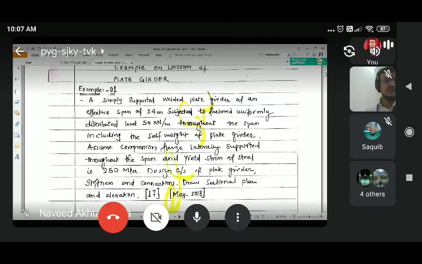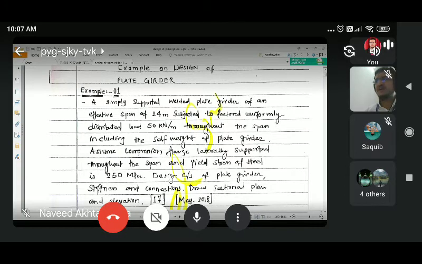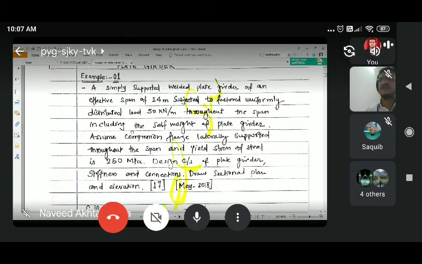Write this example on your screen. A simply supported welded plate girder of an effective span of 24 meter, subjected to a factored uniformly distributed load of 50 kilonewton per meter throughout the span, including the self weight of the plate girder. So no need of including self weight, but you may if required.